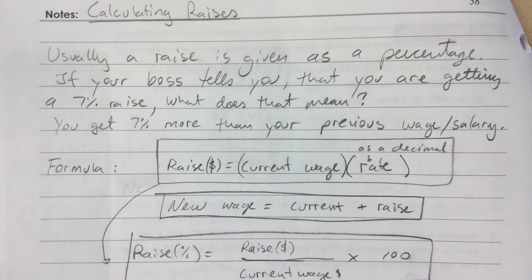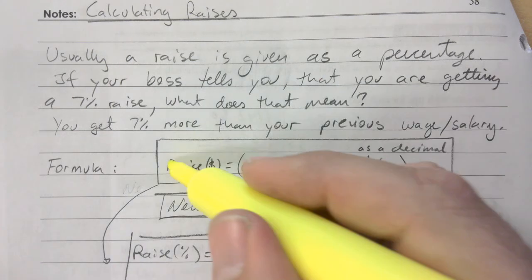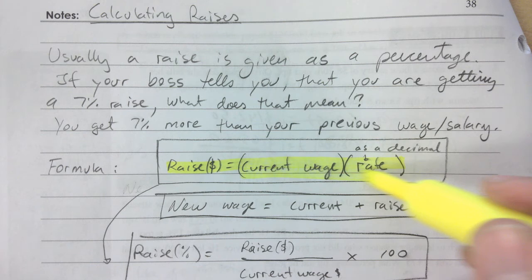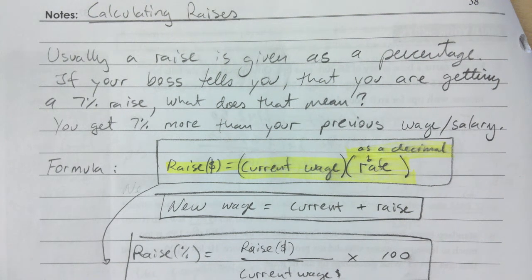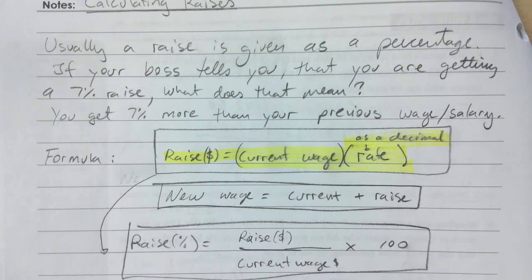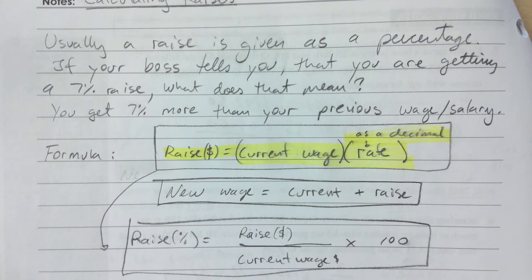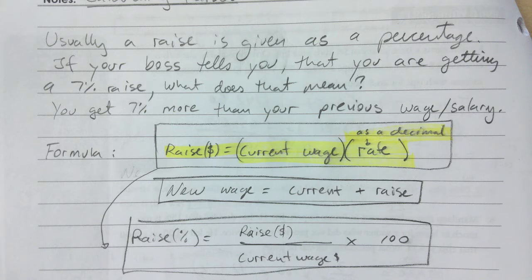All right, so again, I box things in, put it in your study sheet, right? So usually the raise is given as a percentage. If your boss tells you that you're getting a 7% raise, what does that really mean? Well, it means that you get 7% more than your previous wage or salary, right?